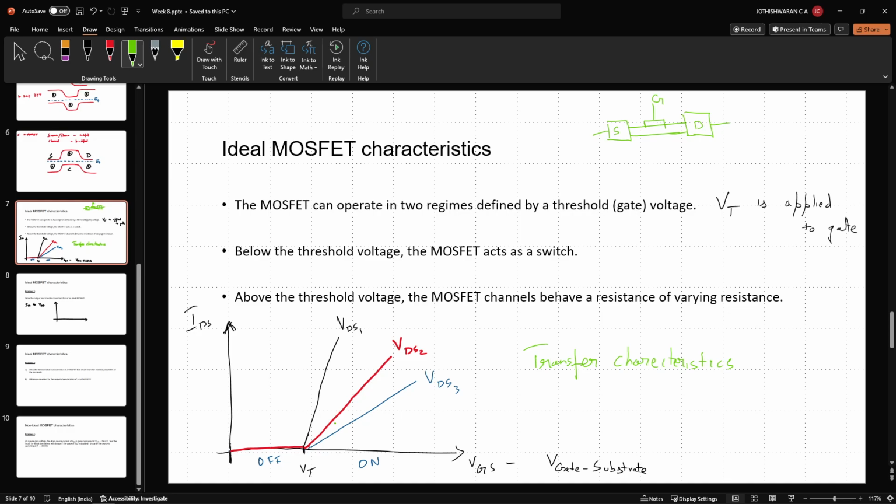But that, of course, is never going to happen because no realistic device can conduct infinite current. So, since that is not happening, we would at least expect some kind of a linear trend where the current is increasing at a certain rate after our device gets active.